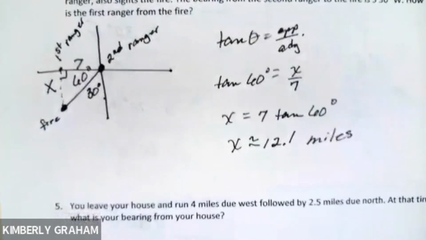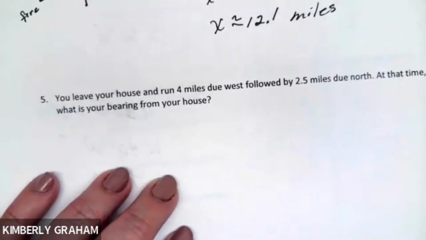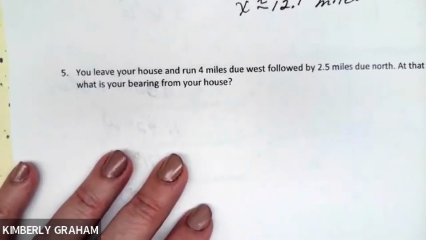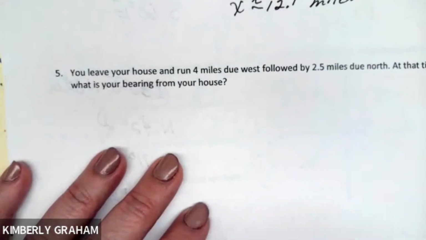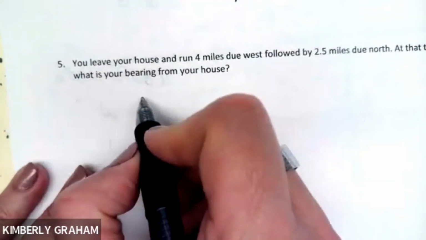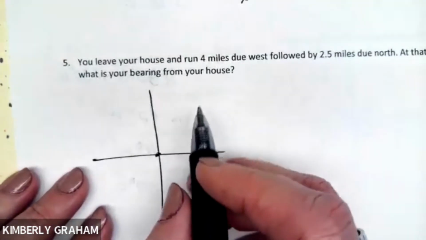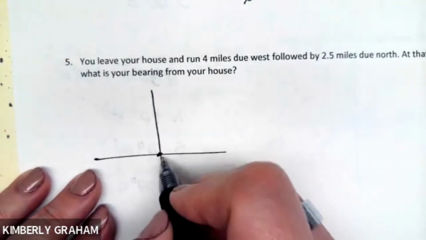Okay, the next problem, you leave your house and you run 4 miles due west, followed by 2.5 miles due north. At that time, what is your bearing from your house? So my house is like my origin here. This is where my house is.